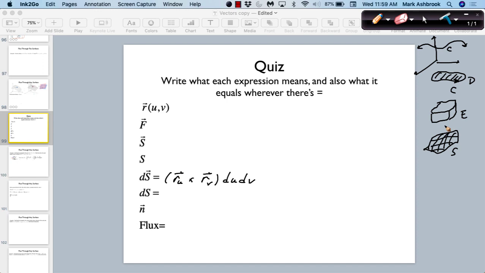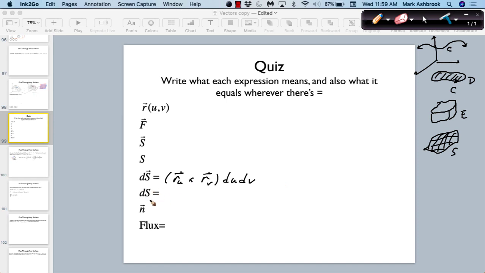So this is a vector whose magnitude is the area of the element, and whose direction is orthogonal to the element.